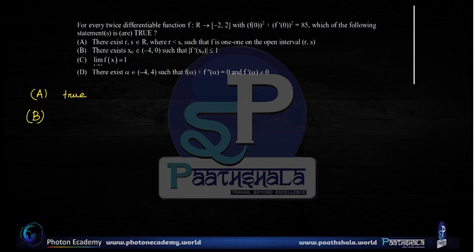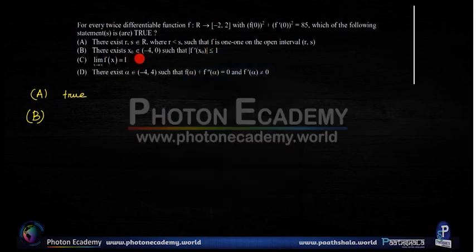It says there exists x0 which belongs to minus 4, 0 such that mod of f dash x0 is less than or equal to 1.